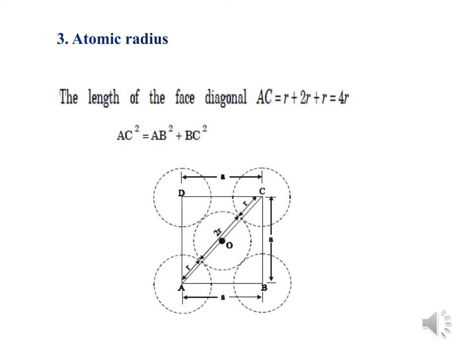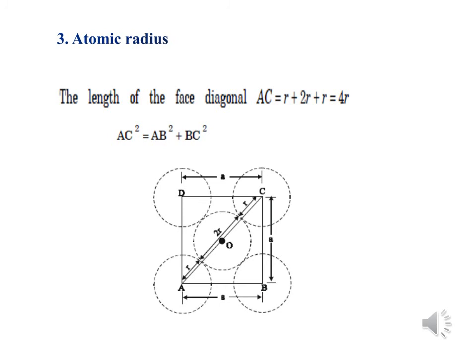Next, third characteristic, atomic radius for FCC. Atomic radius is half of the distance between any two nearest neighboring atoms. Figure shows the atomic radius diagram. Consider the atoms at A and C in a face of the unit cell of FCC.